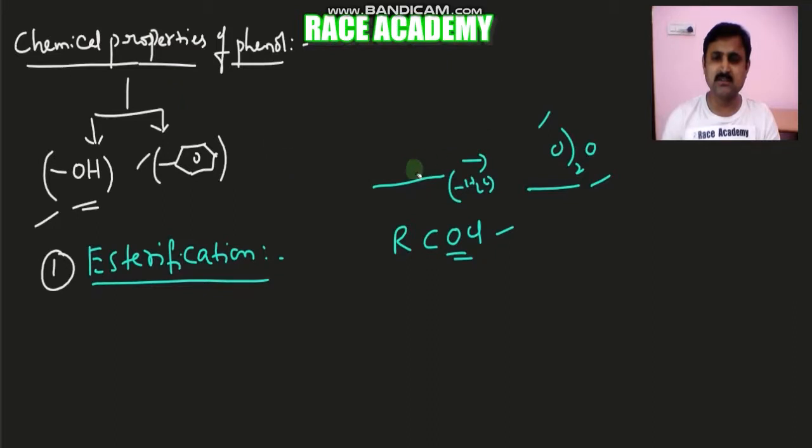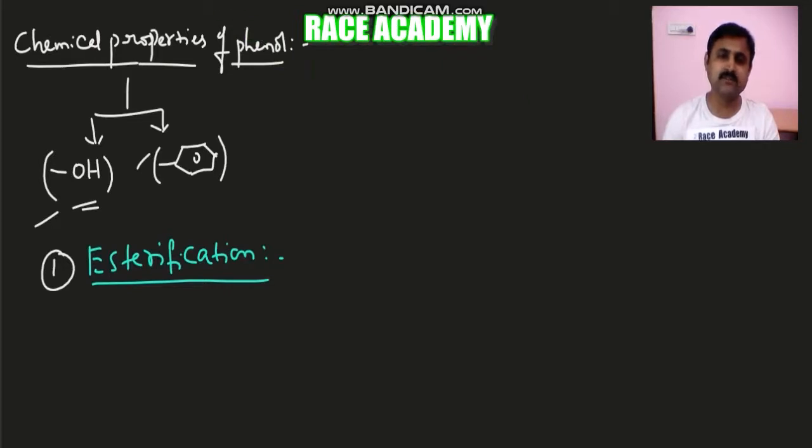So let us see how the chemical reaction of phenol with the acid anhydride and acid chloride takes place. That we will write. You will have a phenol ring, and as you know, when you write it like this with OH, it will be treated with the acid anhydride.